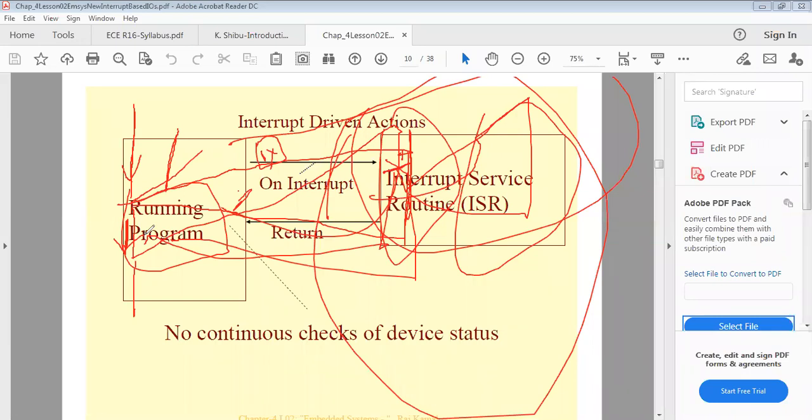That is called task scheduling. Because of multiple interrupts there is also a problem called deadlock condition. That is a separate concept, we'll discuss it later in the functionalities of RTOS. Understand what I told you in interrupt driven actions.